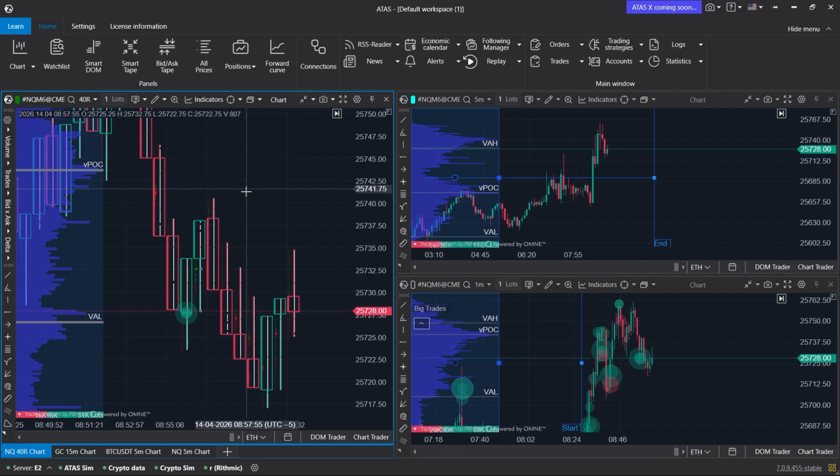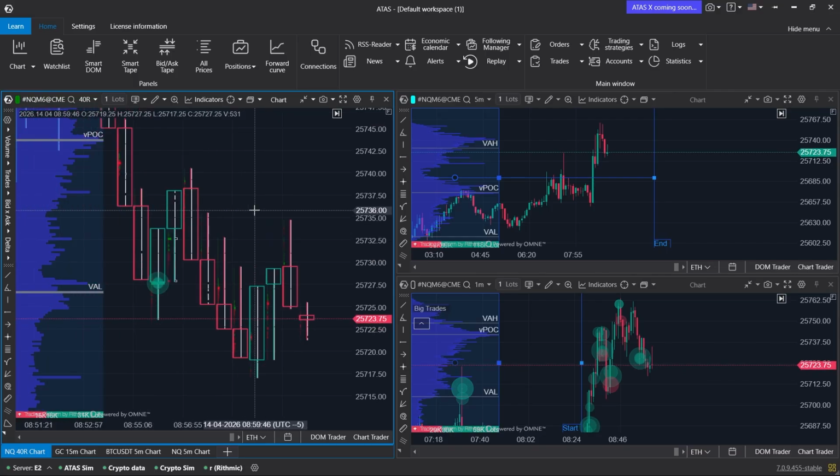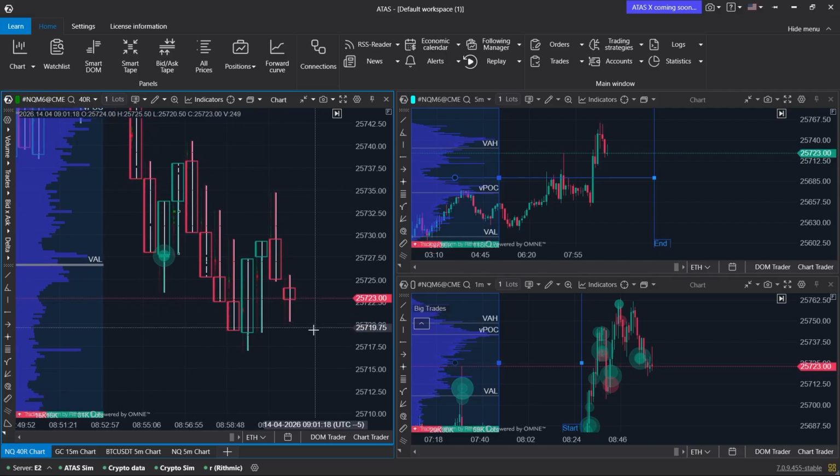So my SL is over here, not here. Initially, I thought that my SL should be here, but it was only $3 to $5 of difference. I risked around $25 per trade, but today I'll just risk around $15 to $20 only.